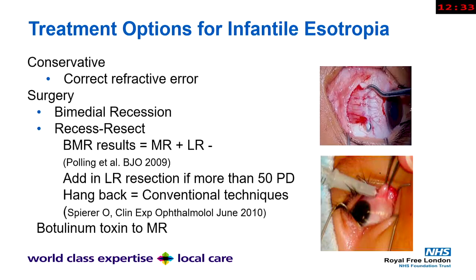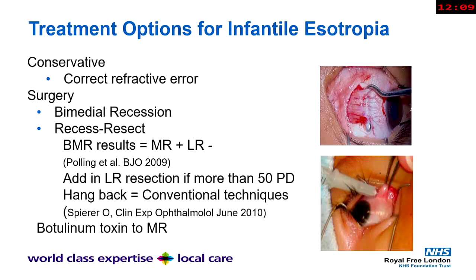But what are the treatment options? Well, there are many, and whenever there are many options to treat something, it means there's no one good option. You could just watch them, correct the refractive error, which they don't usually have, or you could operate early, so you could either do a bimedial recession or a recess-resect. Studies have shown that the results of bimedial and recess-resect are the same. I personally prefer bimedial because it's a symmetrical procedure on both eyes.